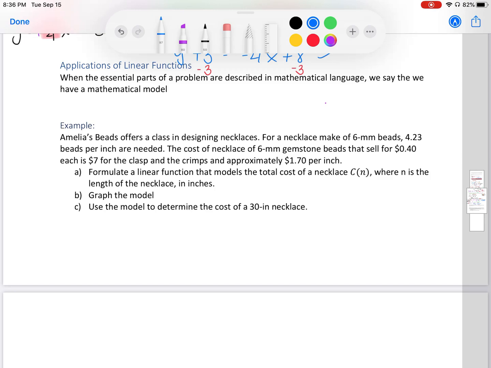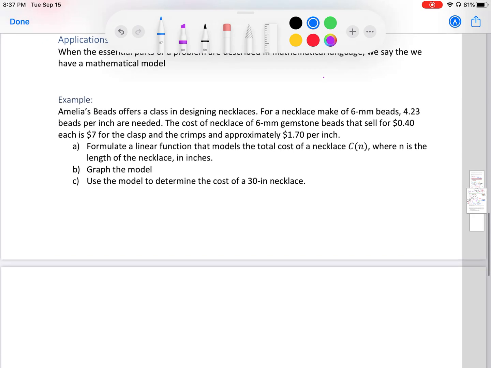The cost per necklace of 6 millimeter gemstone beads that sell for 40 cents each is $7 for the clasp, and the crimps are approximately $1.70 per inch. Formulate a linear model that models the cost of the necklace, C of n, where n is the length of the necklace in inches.